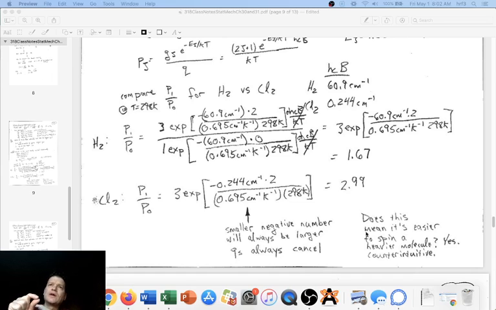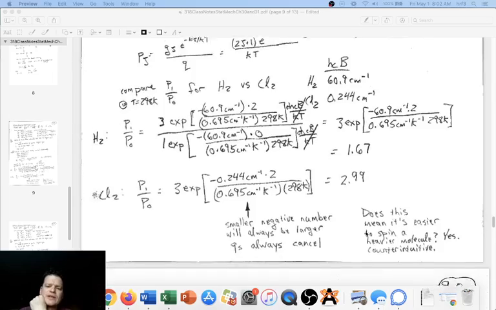So it's not so much that it's easier to rotate just because it's heavy. It's because it's heavy, the first excited state isn't that much higher than the ground state. By comparison to hydrogen, the gap is bigger. So that's one way that you can understand why chlorine's easier to excite.